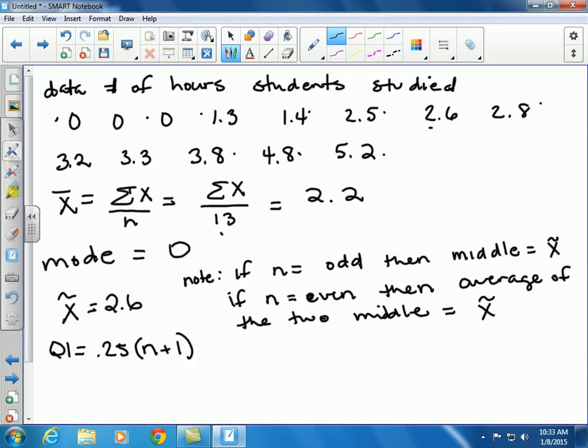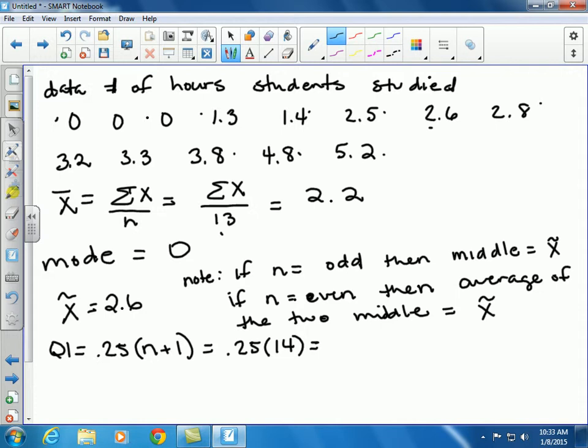This is where it's really weird, in that the quartiles mark the location in the data set, not the actual data point. So if I compute this and do 0.25 times 14, which is 13 plus 1.